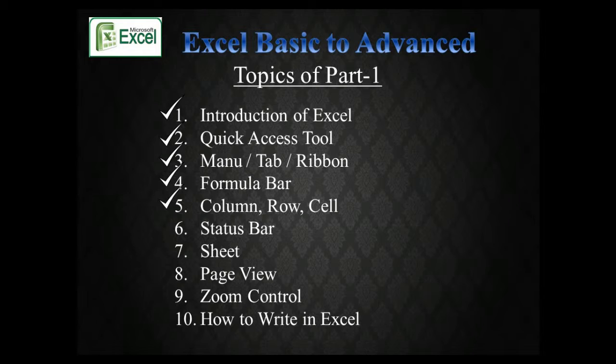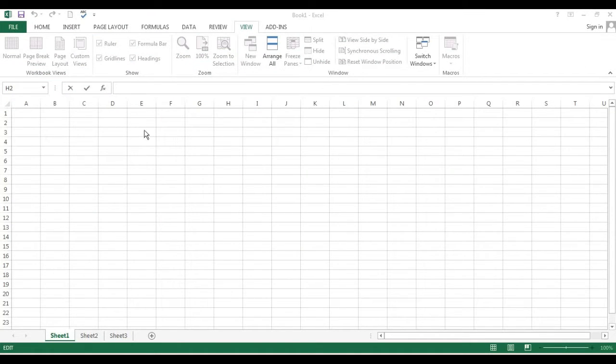Now we have completed status bar, sheet, page view, zoom control. Now we will work with how to write in Excel. To write in Excel, you have to put your cursor in a cell. Now this cell is selected.